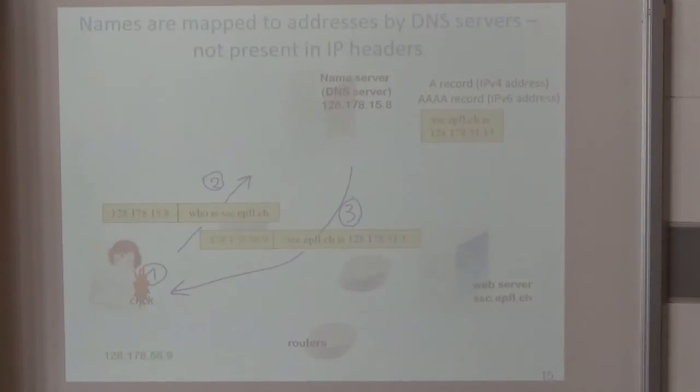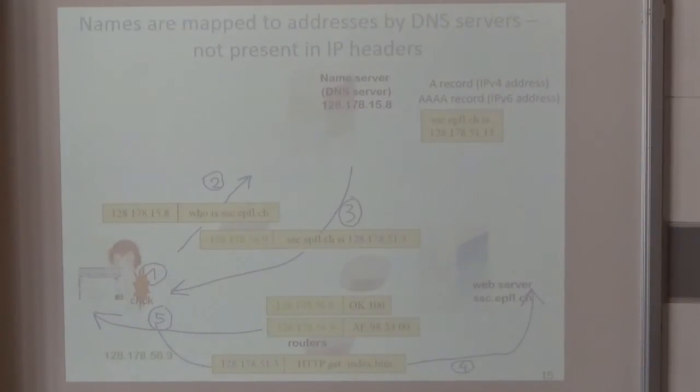The DNS server, which is similar to a database, will contain ssc.epfl.ch and also an IP address. It will return it to my machine, and only then my machine will be able, using TCP in this case, to transfer a GET request to the web server that will then respond to me.